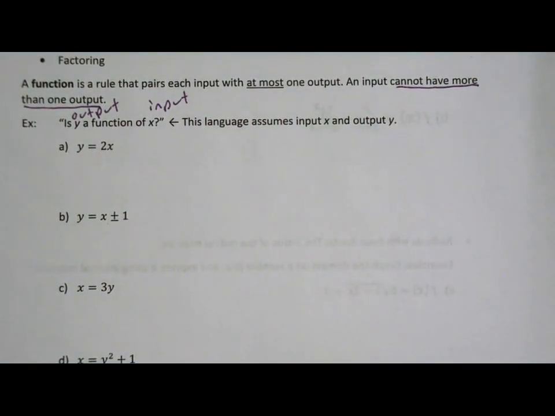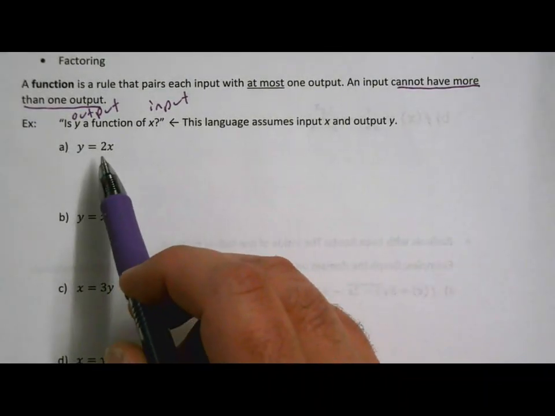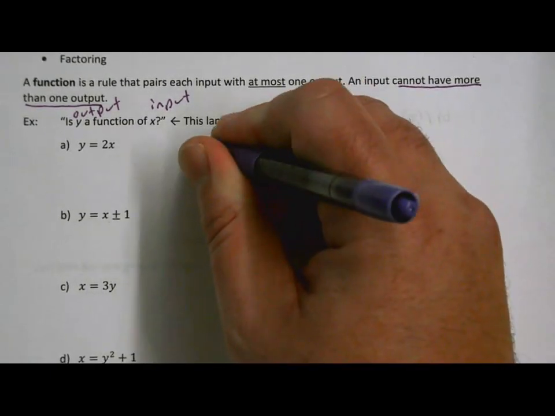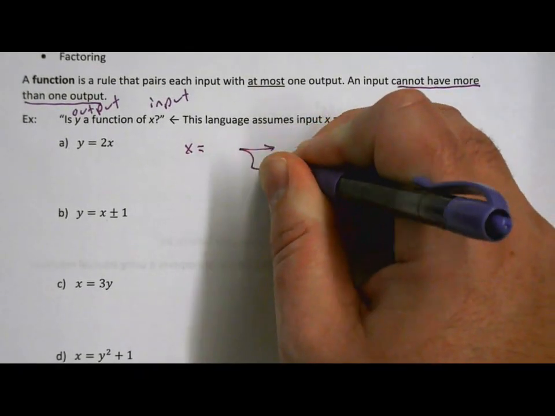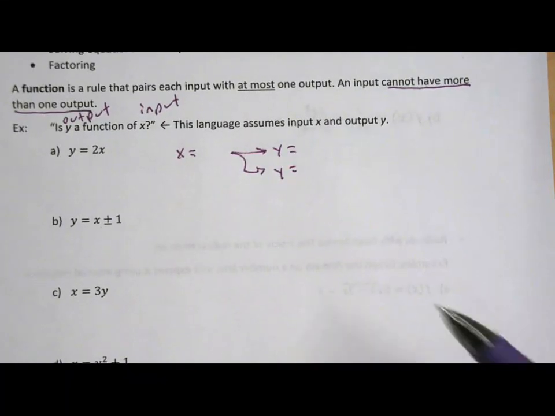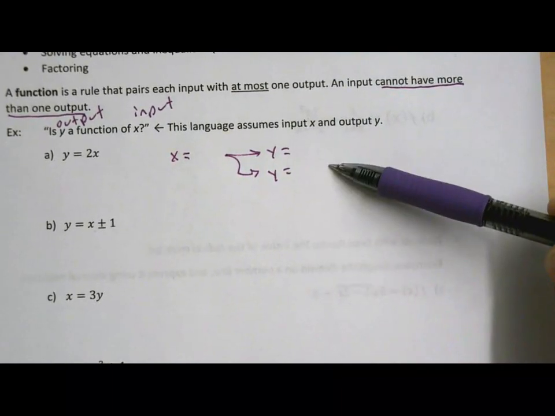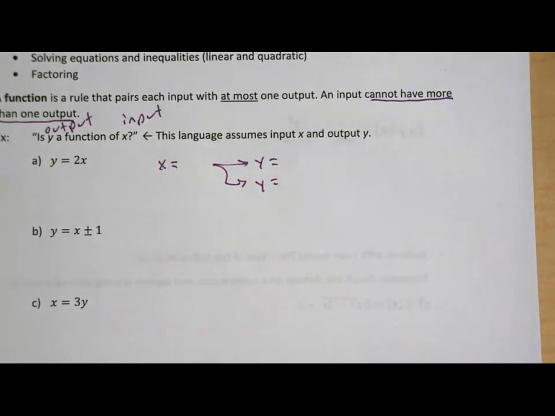This one says y equals 2x, and it's already written in y equals form. The question we would have to ask ourselves: can you think of a value of x that would result in more than one different value of y? For example, if I plug 0 in for x, am I going to get two different values for y? Is that possible? No. So yes, this is a function.